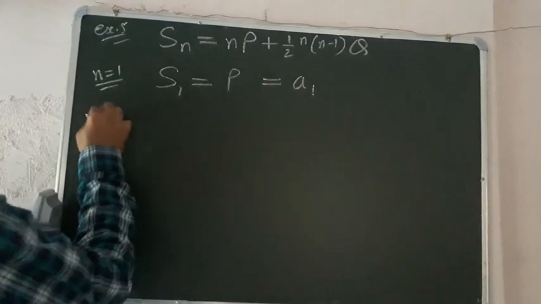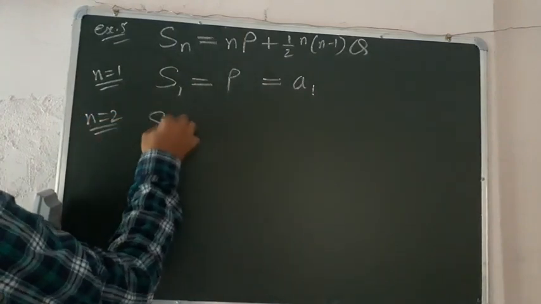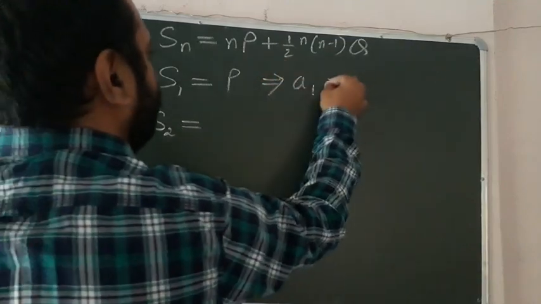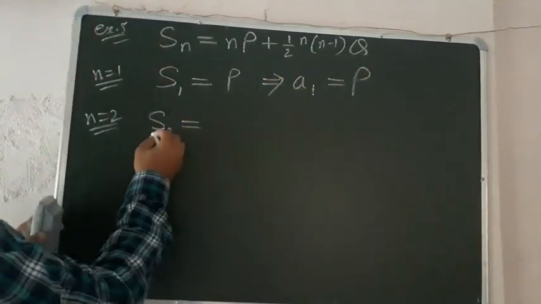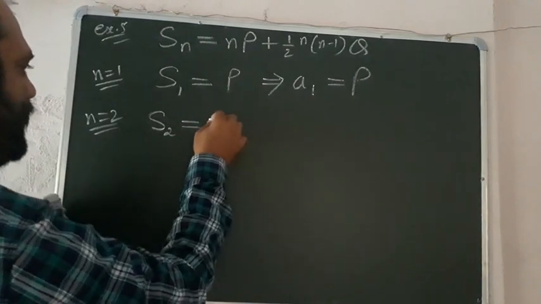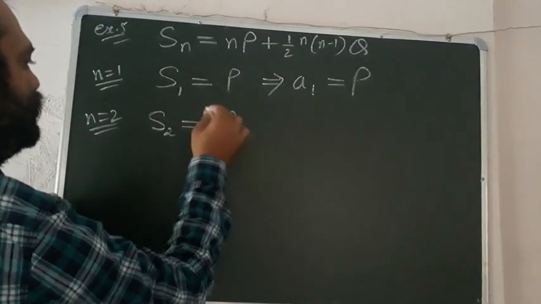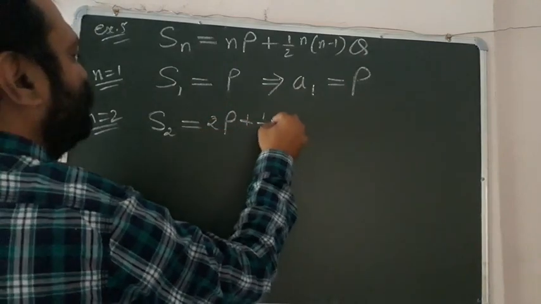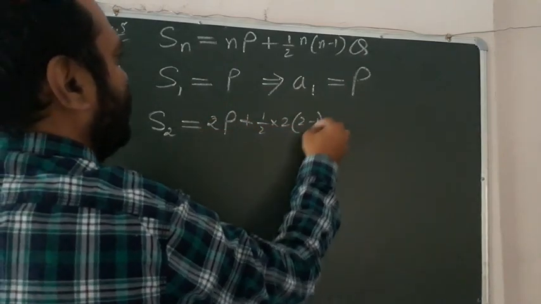So when we put n is equal to 2, beta, you will get S2. The value of A1 is p. So when we put n is equal to 2 here, we will get 2p plus half into 2 into (2 minus 1) into q.